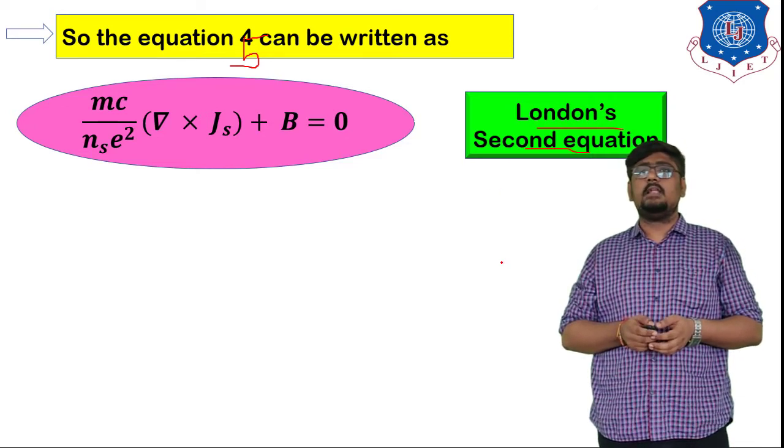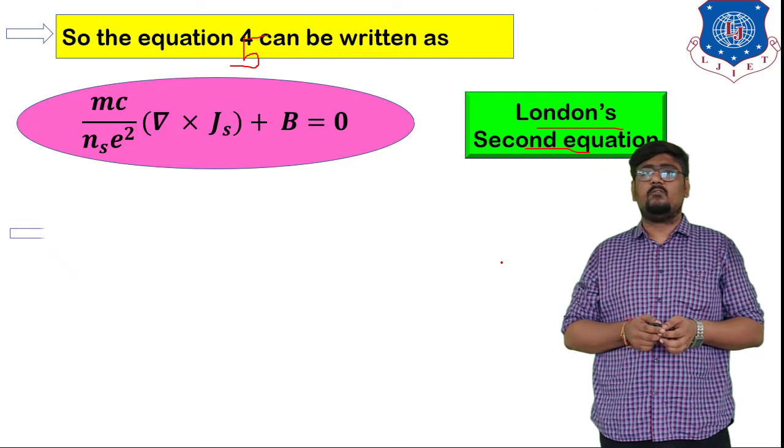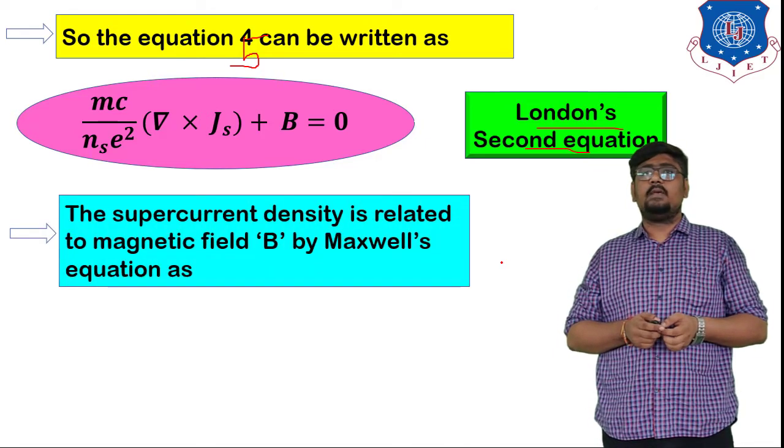Now the supercurrent density is related to the magnetic field B by another Maxwell equation.